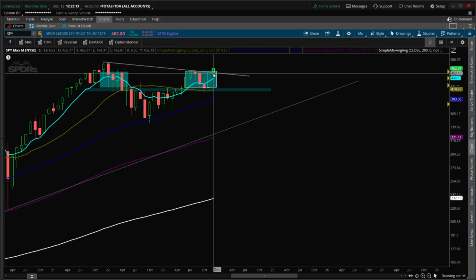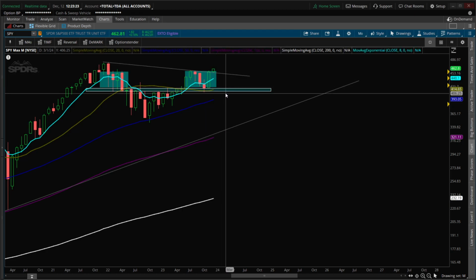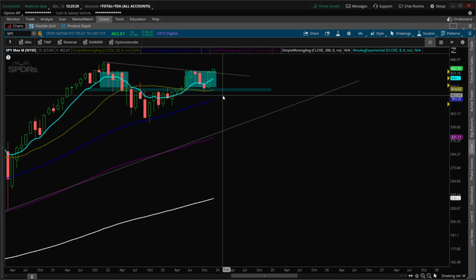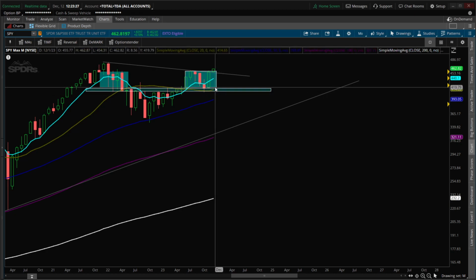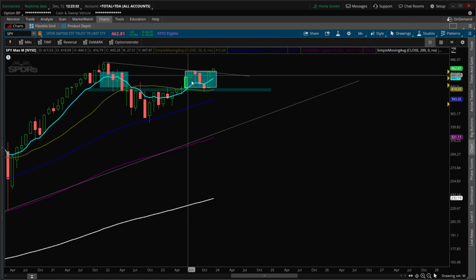Now I'm really watching this area that happens to be the 457 zone, because if we break down from the zone, that's going to be a fake break, and we should have a pretty violent move to the downside, or at least at minimum to retest the bottom of this zone.